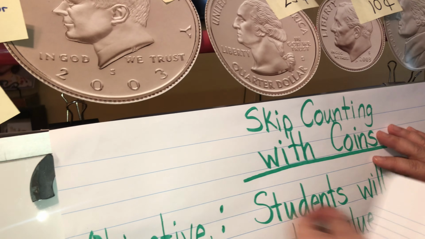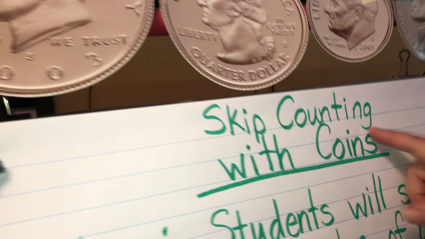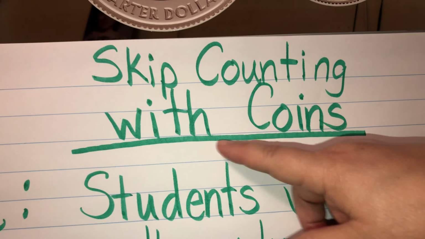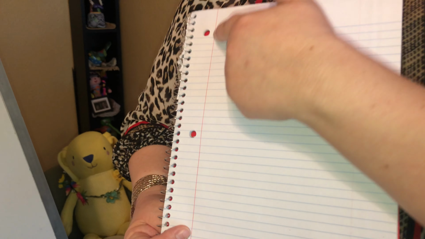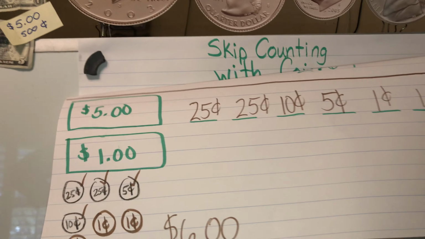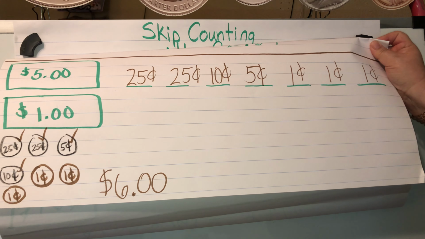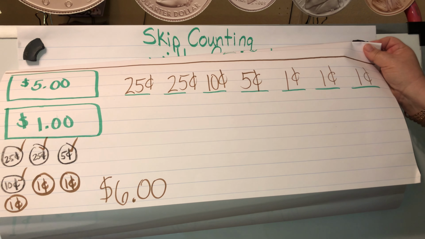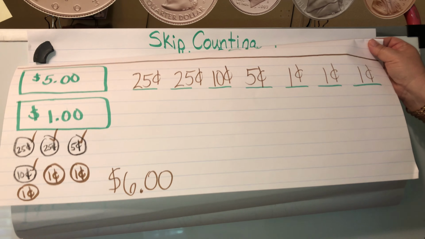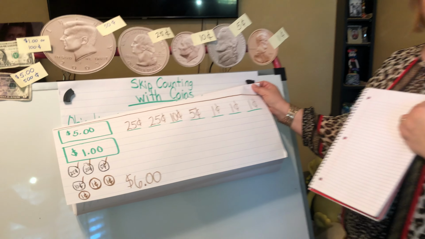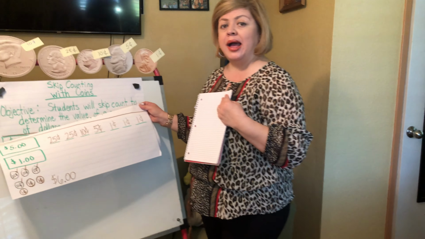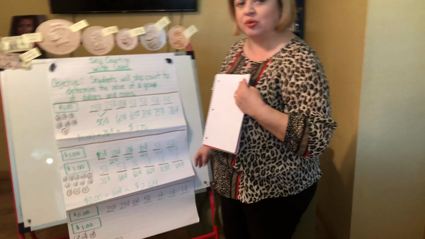So if you remember, I told you that it was titled Skip Counting with Coins. So you can put today's date in your journal, skip counting with coins, and then you will go and figure out the problem. Go ahead and finish solving it. I suggest that you copy it the way I've begun the problem, the way I drew it and the way I started it, and then finish it, whichever method you know how to do, whichever one you're comfortable with.